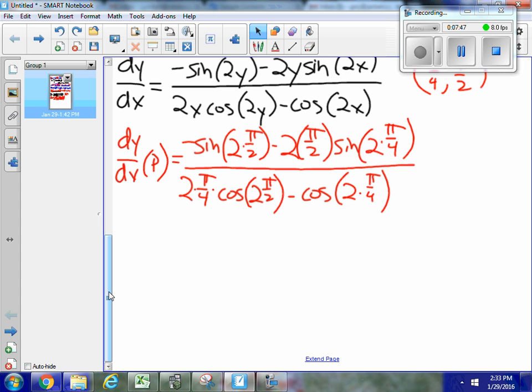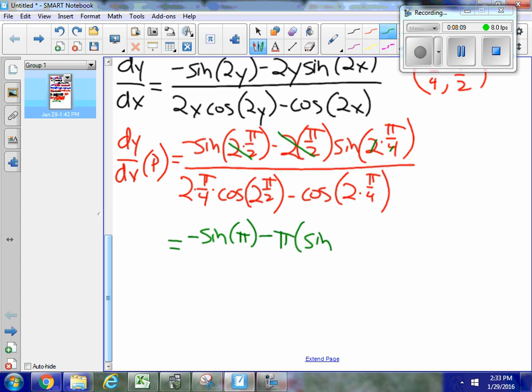Let's see if we get an answer here. So that's equal to negative sine of pi, 3's canceling out, minus pi times sine, the 2 and the 4 cancel out, pi over 2.